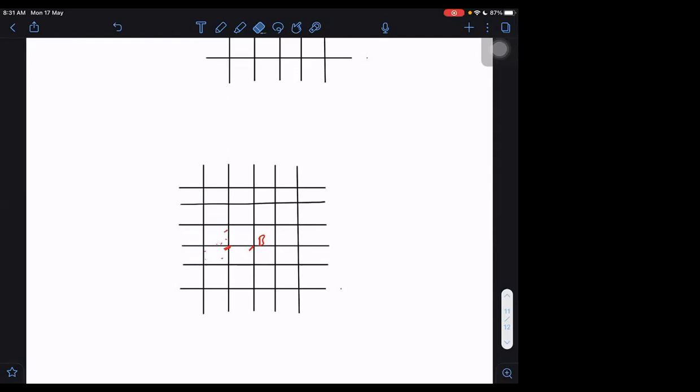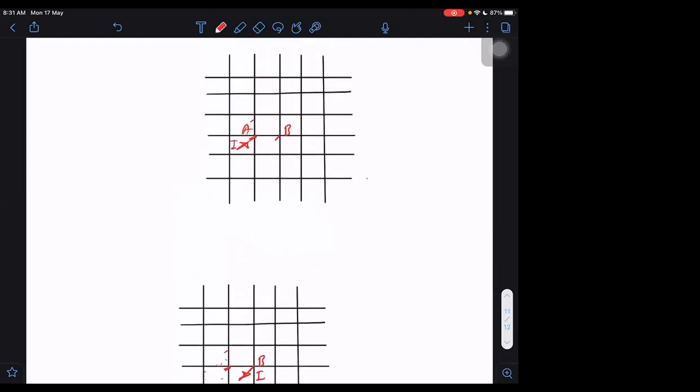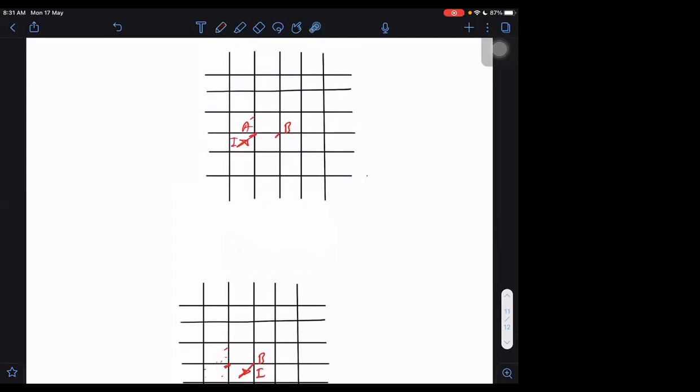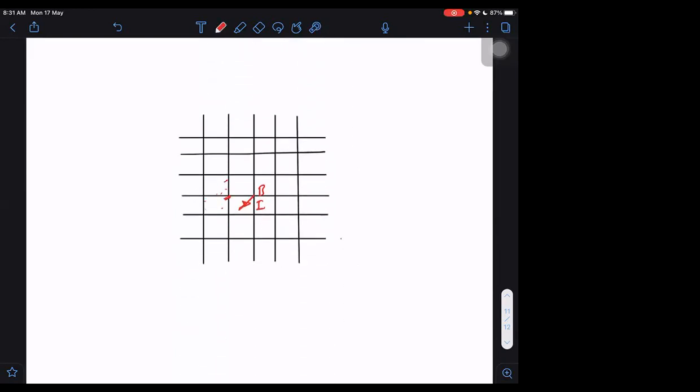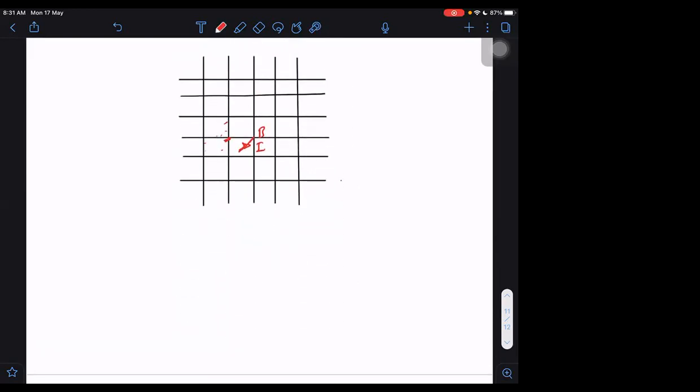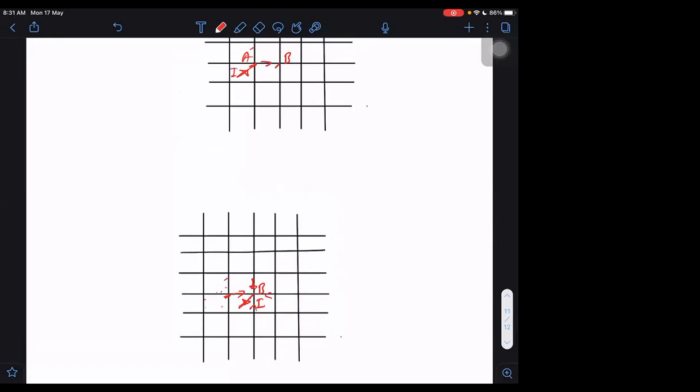Now, not to A, but only from B, we are taking current I out. So this current which is entering, it will spread equally in all four directions. Similarly, it will also come equally back from all directions. I by 4, I by 4, I by 4, I by 4.